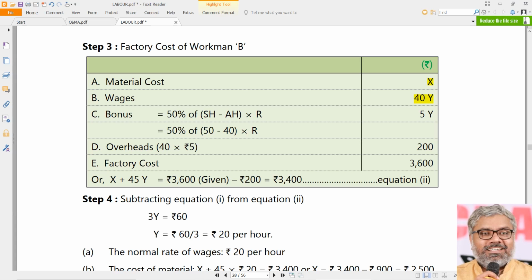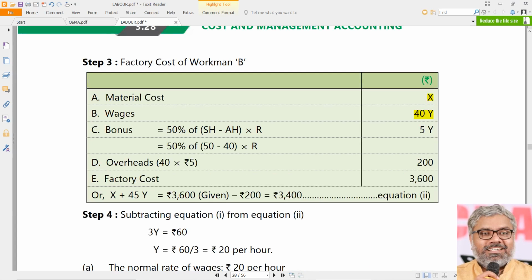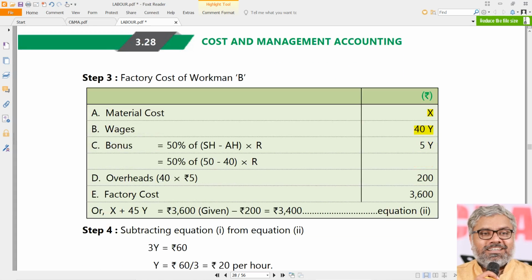Then he will get a bonus of 50% of time saved only. How much time saved here? Because he has worked 40 hours for a job where the time allowed was 50 hours, he saved 10 hours. In that, 5 will come to him. So 50% of that is 5Y. That is the bonus under Halsey plan, 5Y.